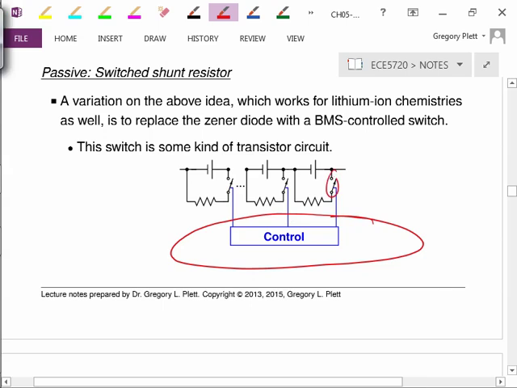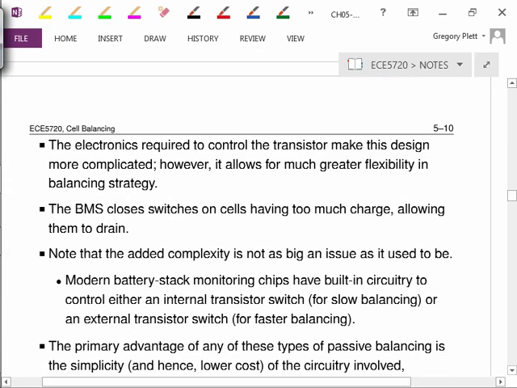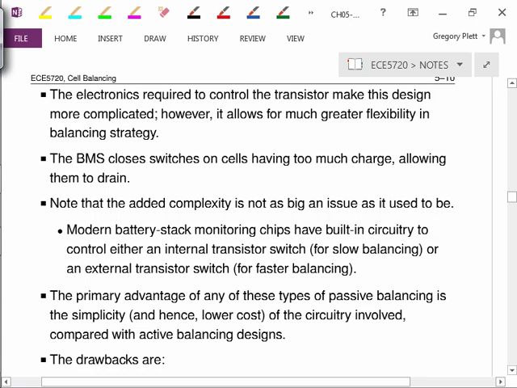But when, say, this switch is on, that activates this path to carry current, and that cell will discharge through that resistor and cause balancing to happen. So this design is more complicated than the previous two because I do need to make a decision. I do need to control that transistor switch. But it does give us a lot of flexibility in our strategy, when I'm going to balance and how I'm going to balance and so forth. So we're going to close switches on cells that have too much charge and allow them to drain.